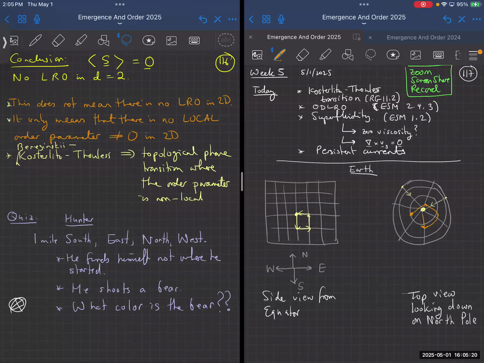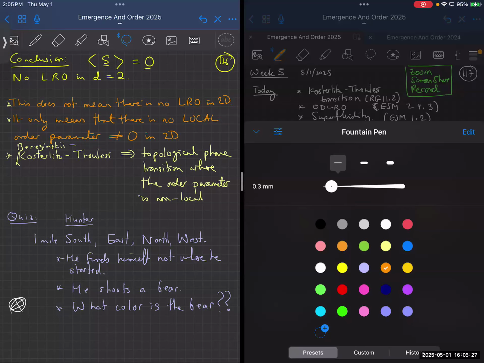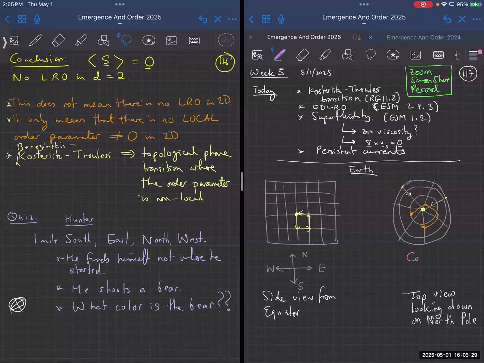And so you can see that now I don't end up where I started. The reason is that over here, this is a coordinate singularity. That coordinate singularity is that when you're at the North Pole, all directions point south.